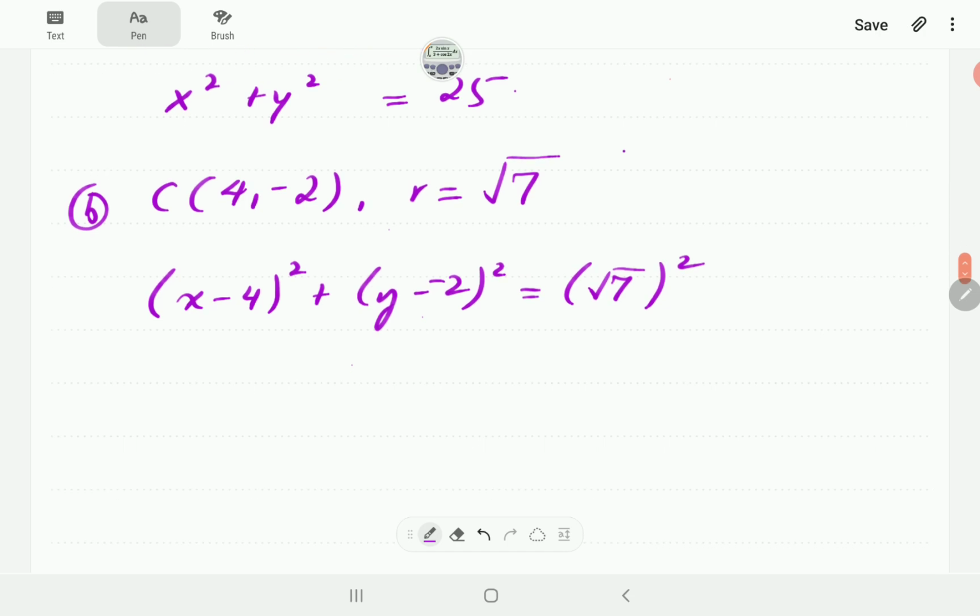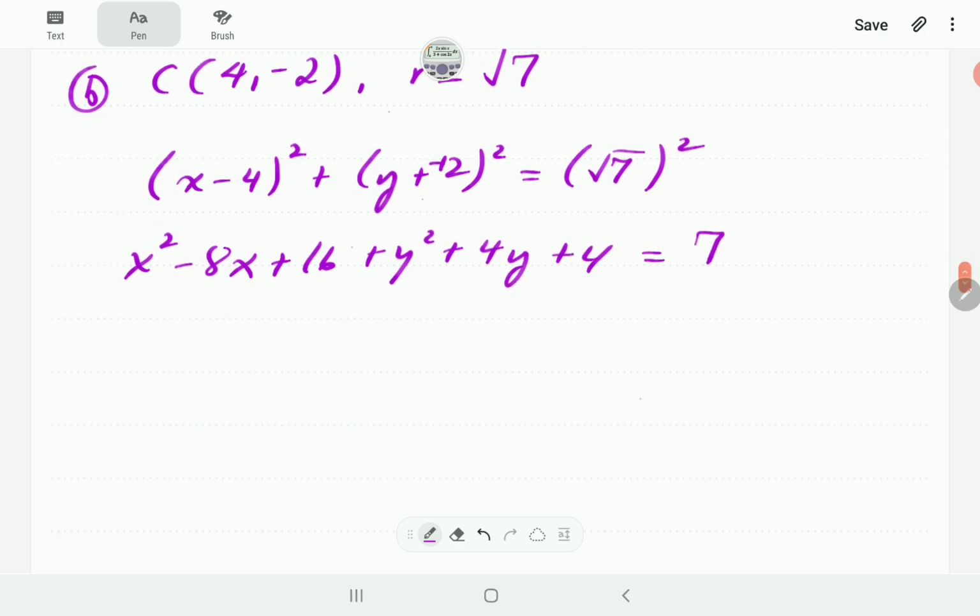And then if we open the brackets, it's going to be x squared minus 8x plus 16, y minus negative 2 is the same as y plus 2, going to be plus y squared plus 4y plus 4, and then this side that is going to be 7.